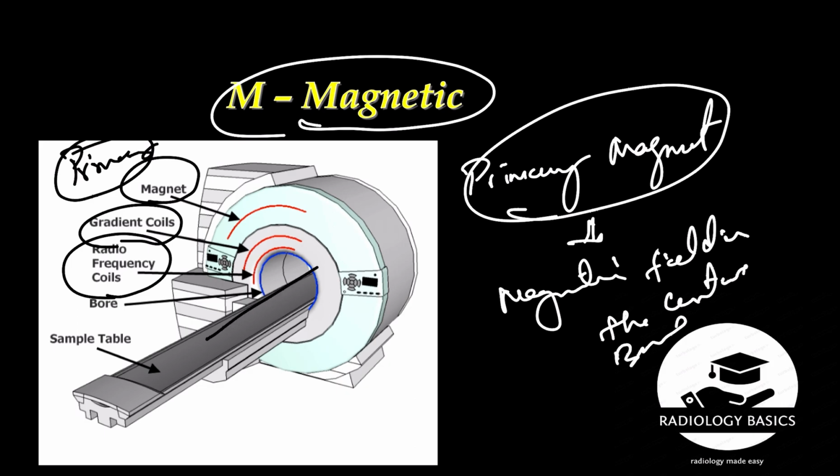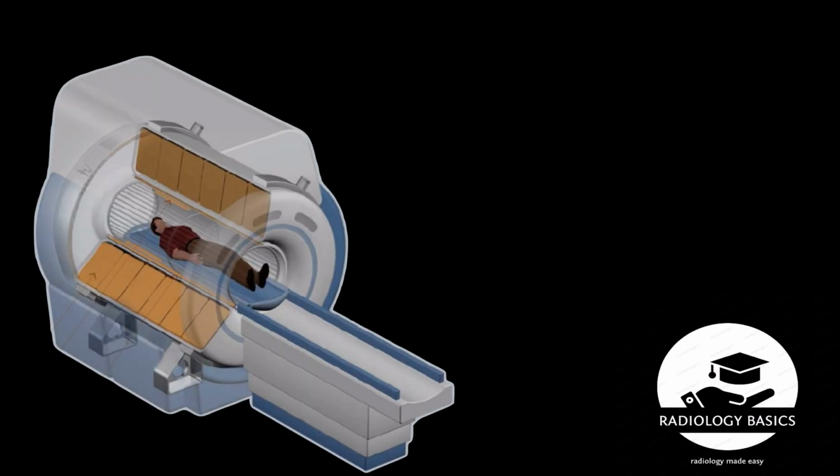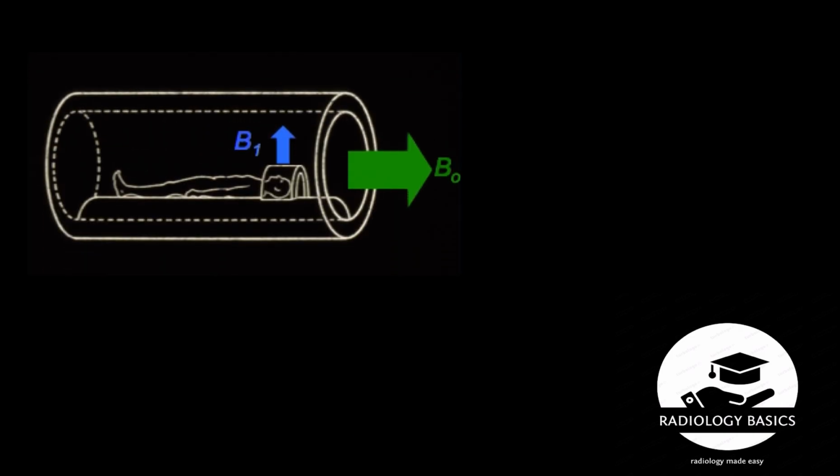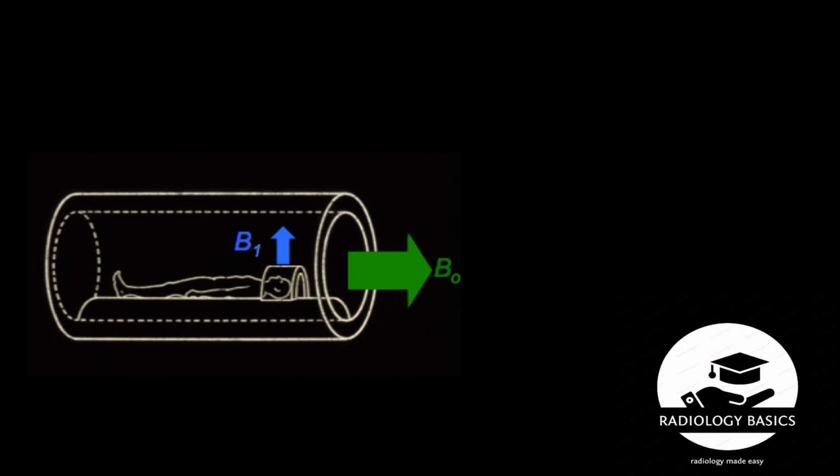Here we can see the magnetic field which is produced will be aligned along the direction of the center. The human body is placed within the center of the MRI machine.